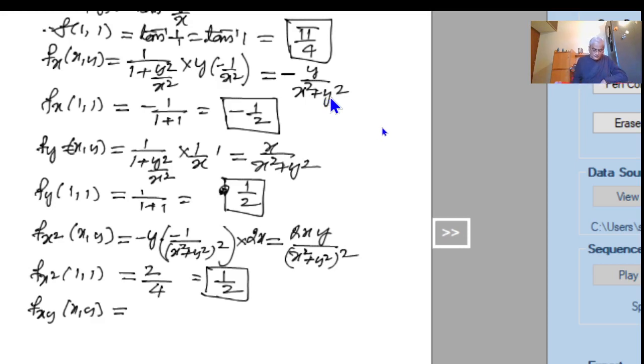So this is equal to the denominator square, (x square plus y square) whole square, in the denominator. In the numerator: denominator, x square plus y square, into the derivative of the numerator. The derivative of minus y with respect to y is minus 1.